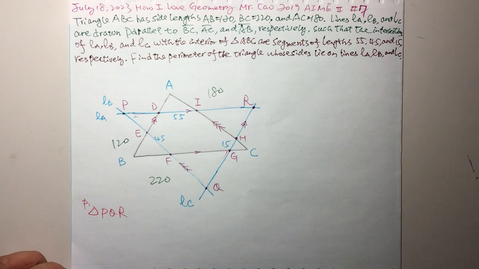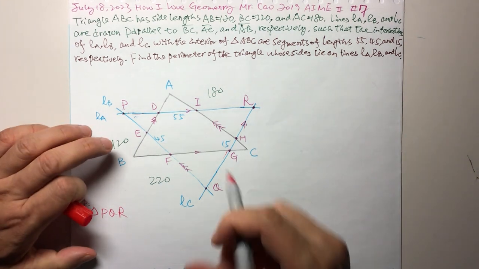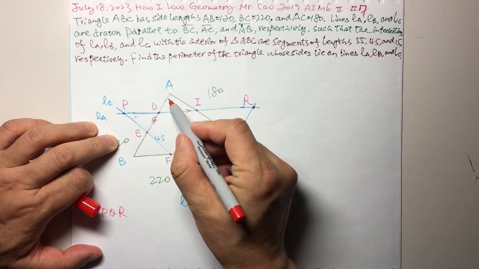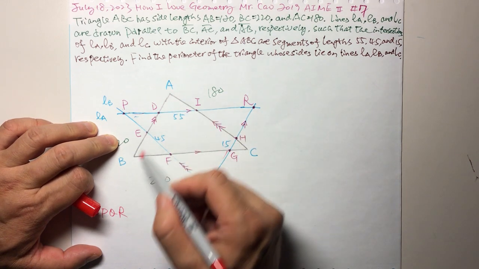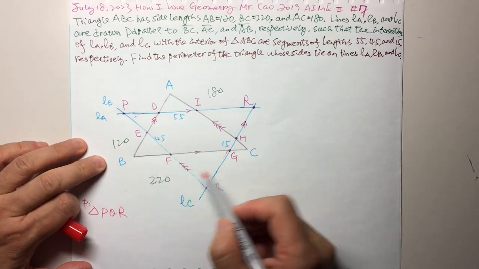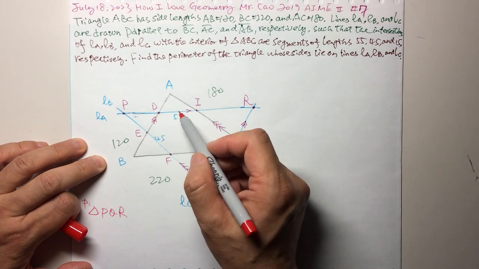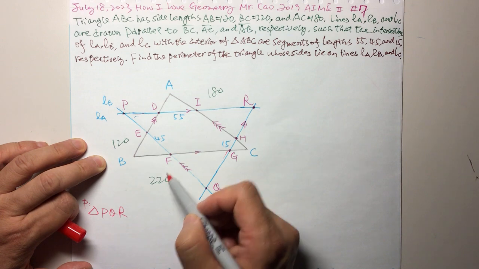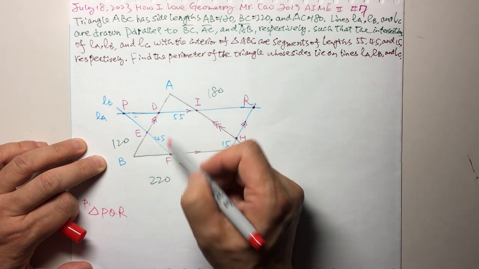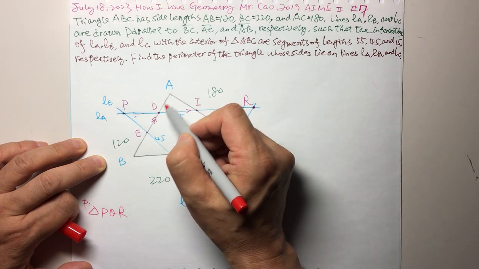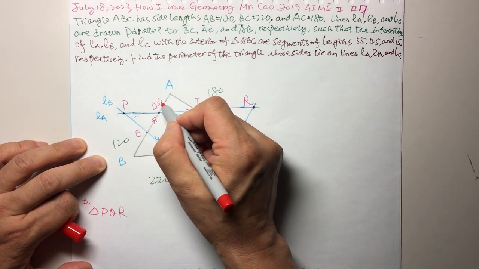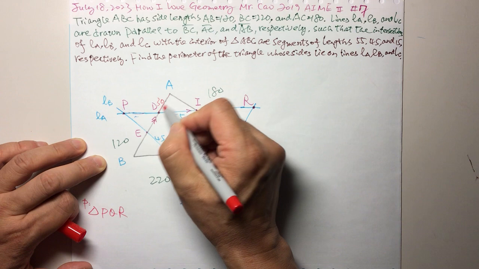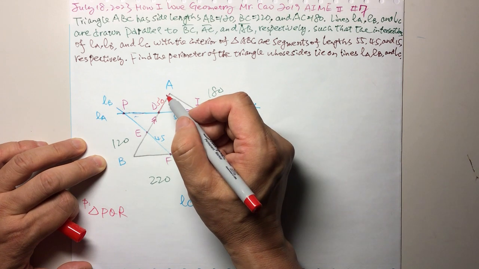The left side is just for calculation. In triangle ADI, DI is 55, and in triangle ABC, BC is 220, so 55 over 220 is 1 to 4, or 1/4. So AD is 1/4 of AB, which is 30.